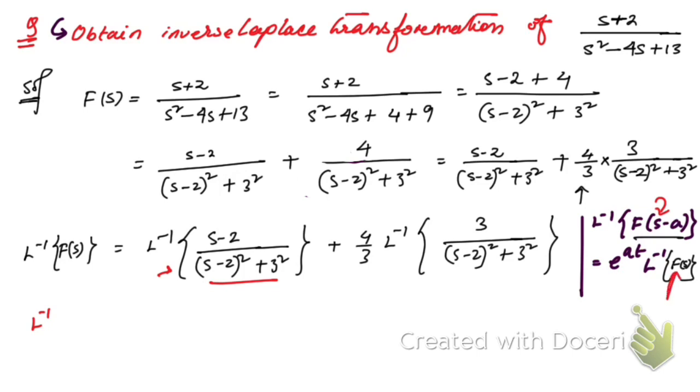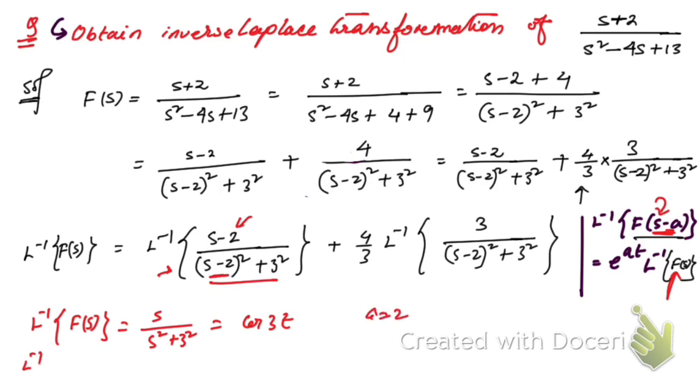F of s is going to be equal to, in this case, s divided by s square plus 3 square, that is the F of s, and its inverse is equal to cos 3t. So now what is the value of a here? If you compare s minus a with s minus 2, then the value of a is 2.